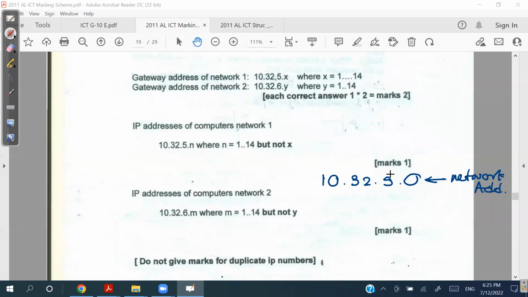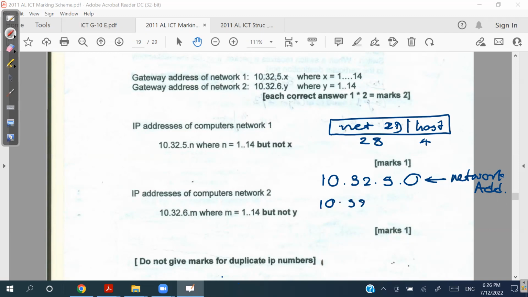Since this is the network address, and in the earlier part we figured out the nature of the IP address, the net ID has 28 bits, and the host has 4 bits, right? So if the network address is this, then the broadcast is going to be 10.32.5.